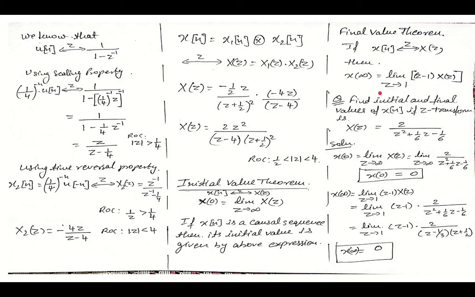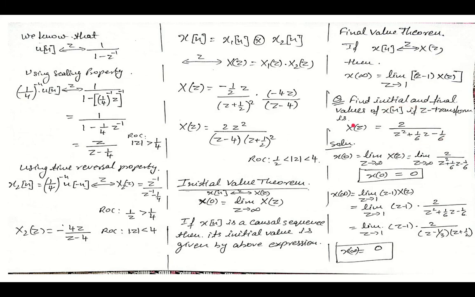Now if we look at the numerical based on the initial value and final value theorems, we can find the initial and the final values of x[n] if the z transform X(z) is equal to 2 upon z square plus 1 by 6 z minus 1 by 6. So this is the numerical given to us.